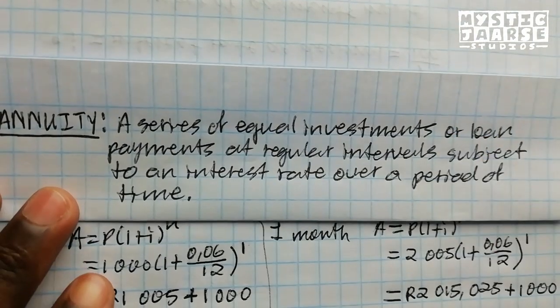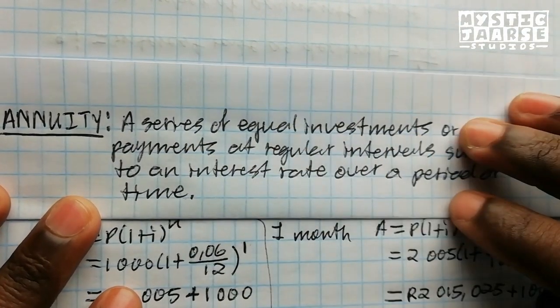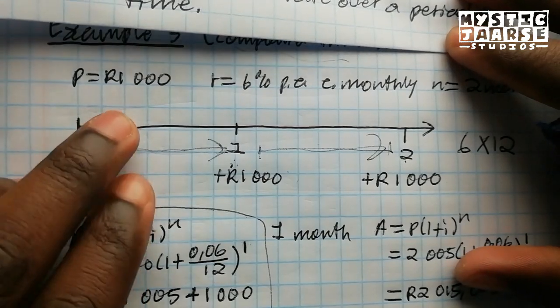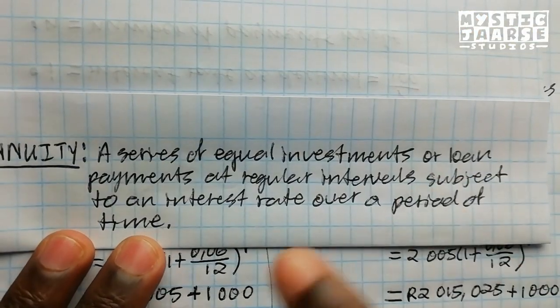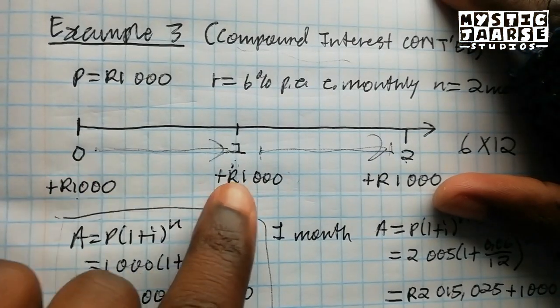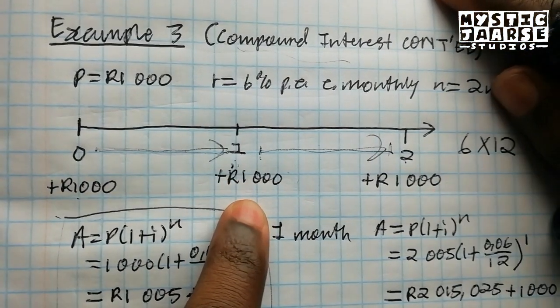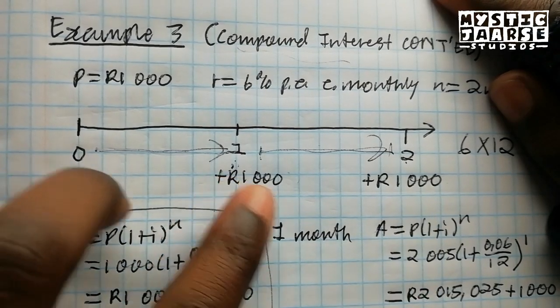An annuity is a series of equal investments. As we have seen in this example, they keep on investing 1000 rands each month, or loan payments at regular intervals. After 1 month, they deposit 1000 rands. After 1 month, they deposit 1000 rands. So the intervals are regular.